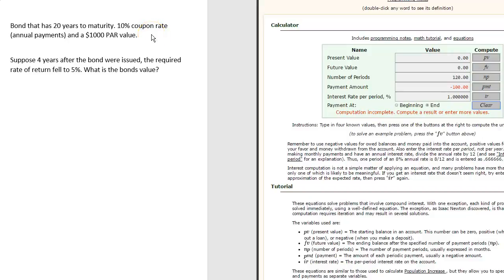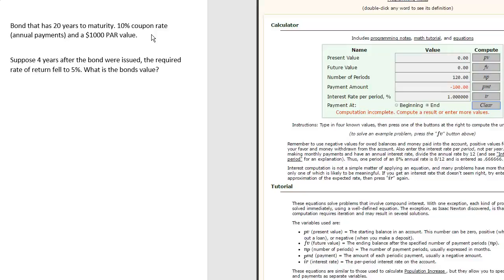Again, that'll be stamped right on the bond. We will pay 10%, with annual payments to keep it simple. And we're going to have a par value of $1,000, which is kind of an industry standard. That is going to be returned to you at the maturity date. It is the face value of the bond, if you will.